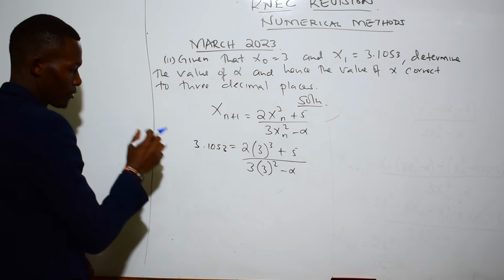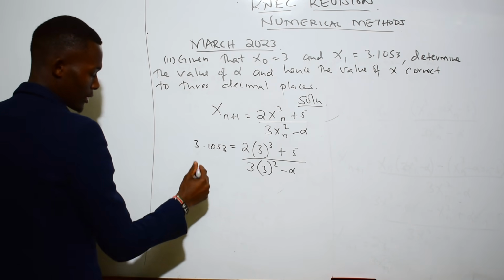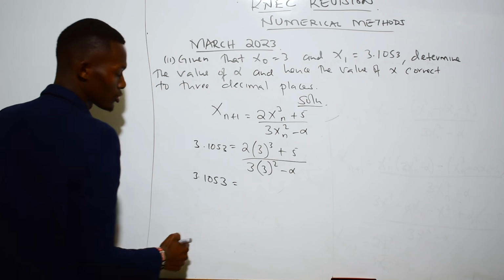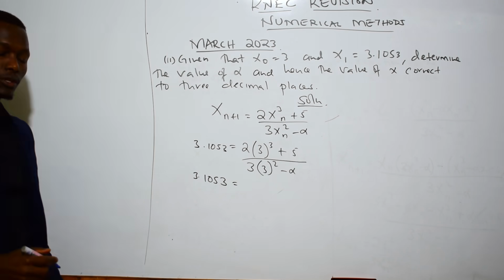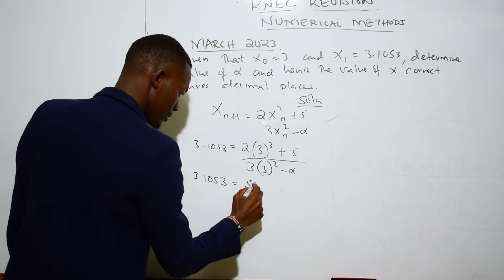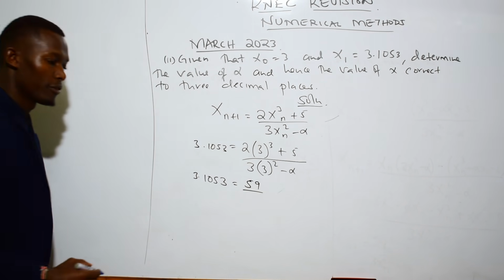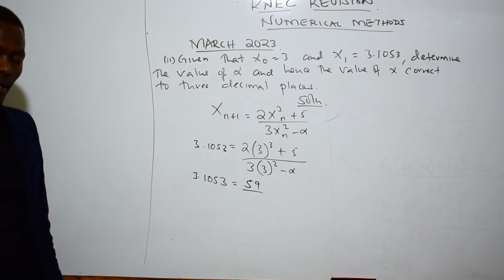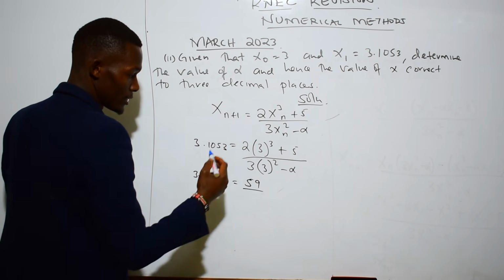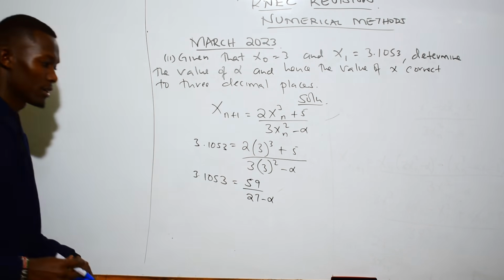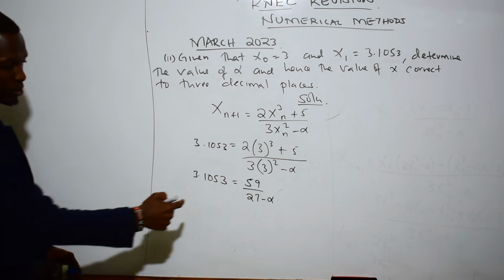The value of alpha. So expanding this, we shall have 3.1053 equals, this is 27, 27 times 2 is 54, 54 plus 5 gives you 59, then all over, 3 squared is 9, 9 times 3 gives you 27, so you shall have 27 minus alpha. Now cross multiply.